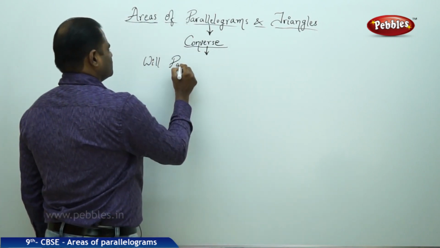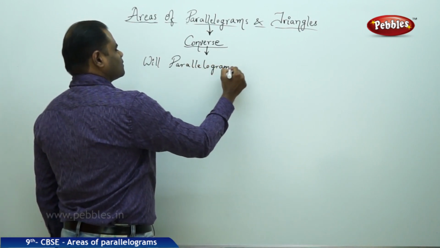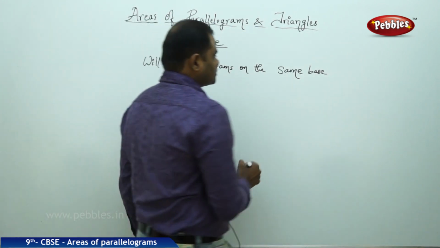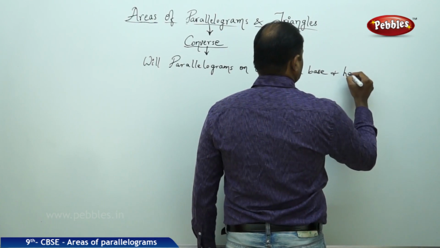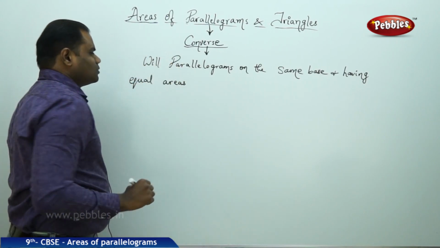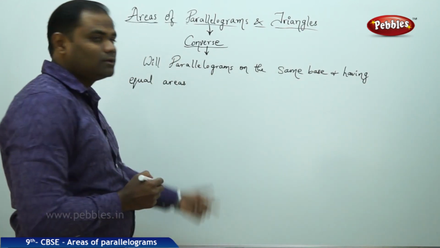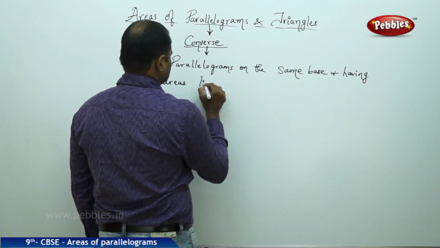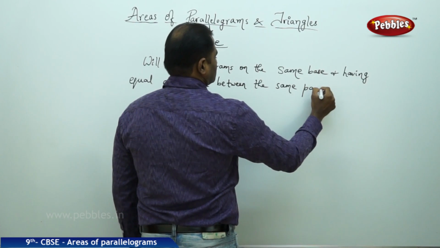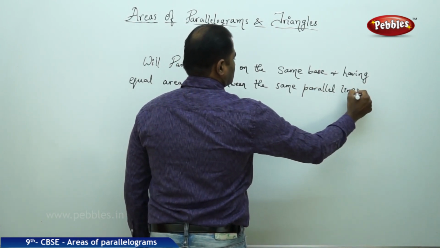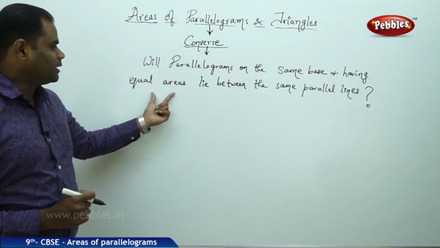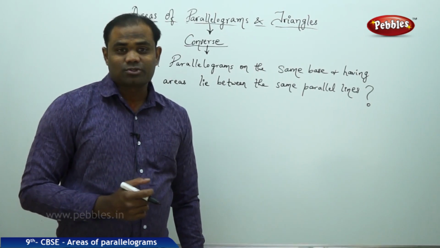My question is, will parallelograms on the same base, and having equal areas, the two parallelograms or any number of parallelograms on the same base and having equal areas, lie between the same parallel lines? That is what I have as a question for the converse. Is it the biggest question out here?